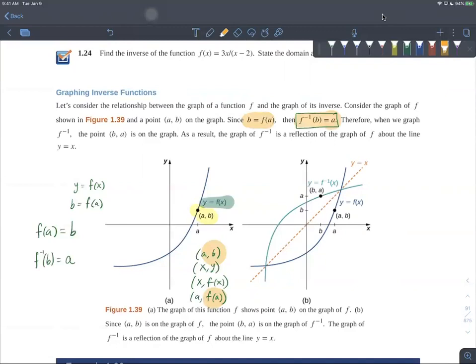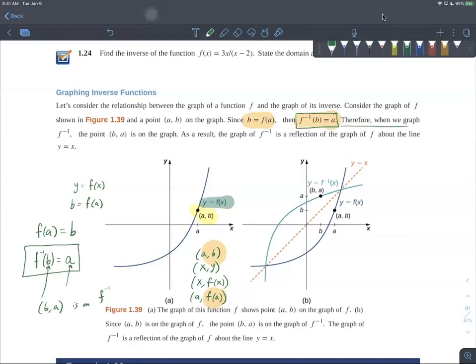So what does f inverse of b equal to a tell us? Well, if you plug b into the inverse function, you get an output of a. And that tells us that the point (b, a) is on the graph of f inverse.